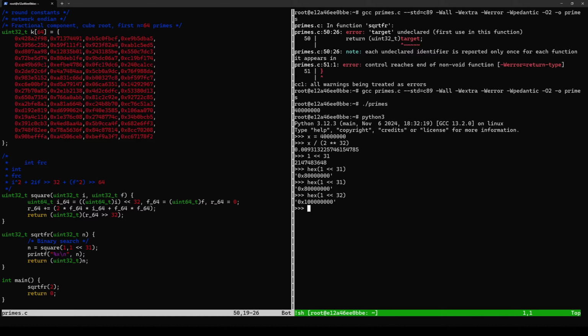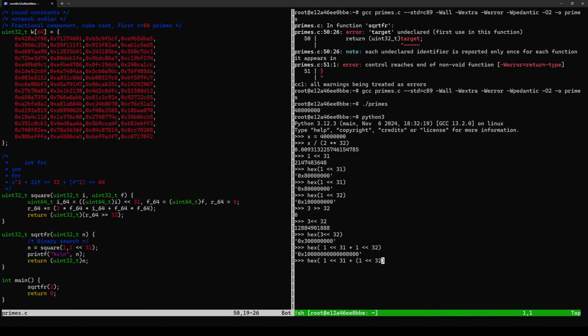And so that's the same thing as 3 shifted over by 32, probably. Wrong shift direction. That in hex. No. Hex 1, 31 plus 1, 32.